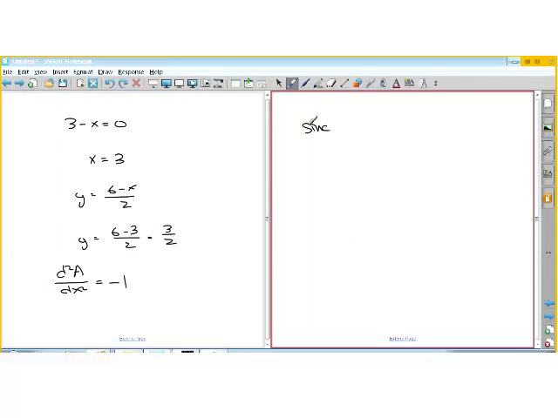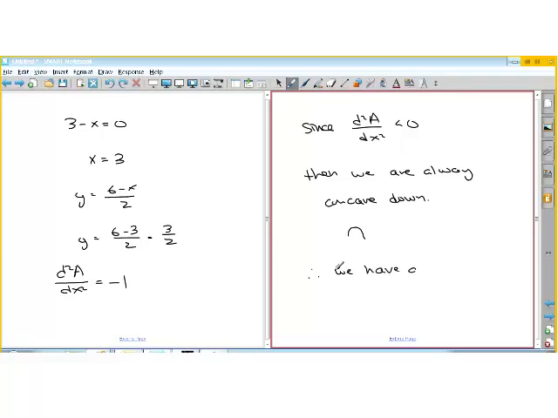And since d squared A over dx squared is less than 0, we are always concave down, because negative 1 is always negative, which means we have the maximum, which is what we said we could tell.